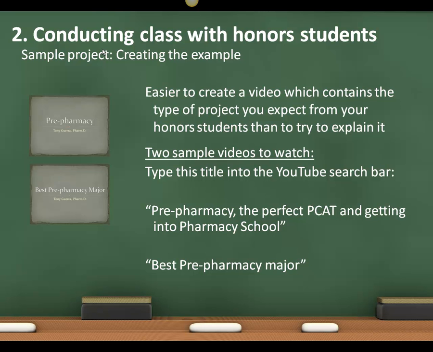I'm a big fan of creating an example. It's so easy to say, well, this is what I expect, and then the student says, okay, I understand what you're saying, and maybe they do and maybe they don't. I feel it's always easier to create a video that shows exactly what I want and what I want it to look like, and then the student can go off and do it on their own and take that example and run with it.